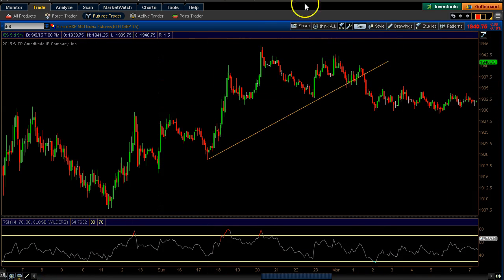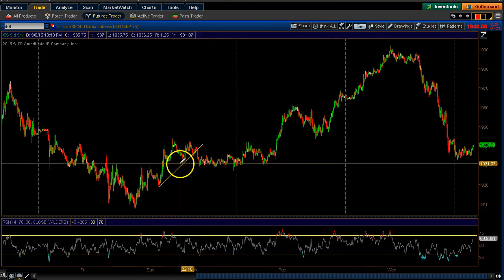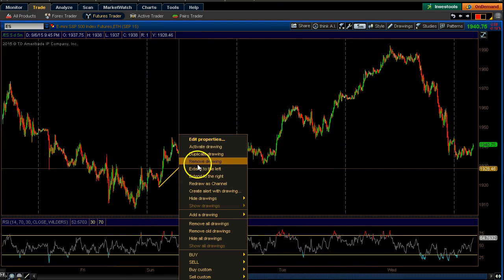This is what you would call a slanted head and shoulders. You have a high here, a higher high, a lower high. So you have the left shoulder, the head, and the right shoulder. Here's your neckline. Price breaks down from it. Okay, let's see if I could find another one.